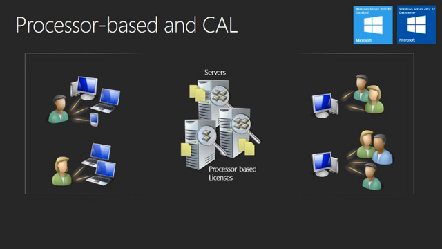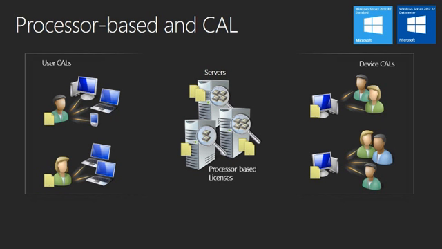The other half of this licensing model is the CAL bit, and CAL stands for Client Access License. A CAL allows a client to access the server and can be assigned to the users or to the devices. So if the users in this organisation tend to use multiple devices, then a user CAL would be good advice.